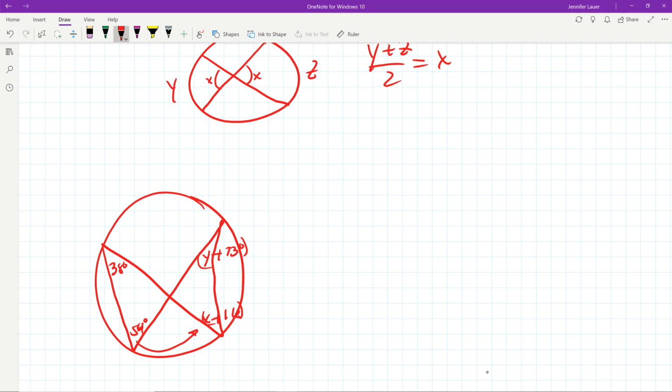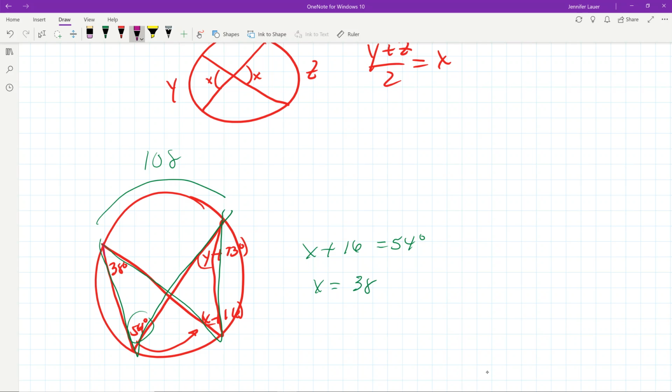And the reason they're equal is if you look, this is an inscribed angle, so this is 108, because it's double that. And this is an inscribed angle. See how they're equal? So we can say x plus 16 is equal to 54 degrees. So x is going to be, what is 54 minus 16? That's 38.